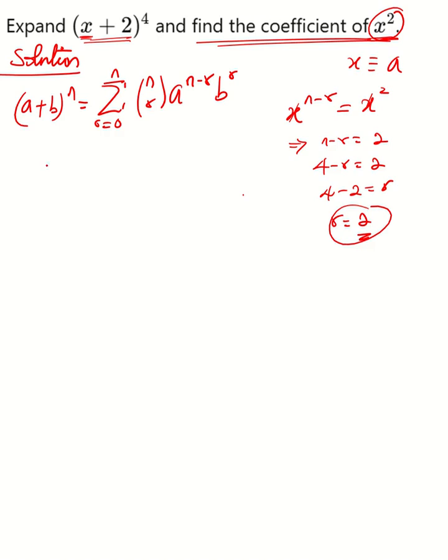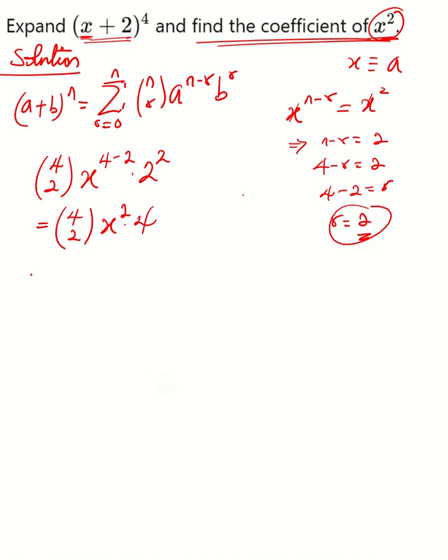For r equals 2, we obtain 4 combination 2 times x raised to power 4 minus 2 times b, which is 2 here, raised to power 2. So we have 4 combination 2 times x squared times 4.